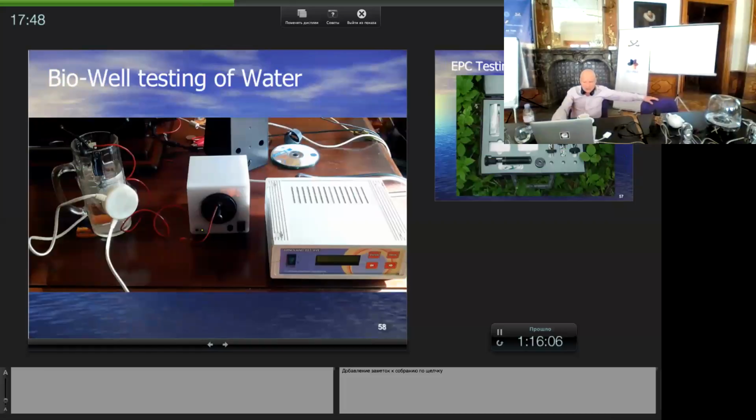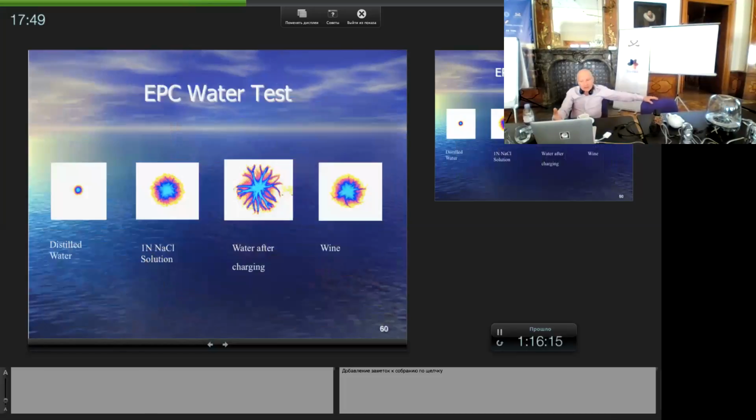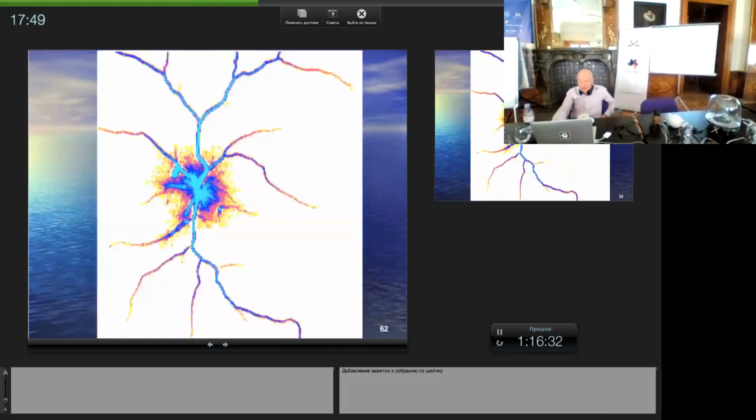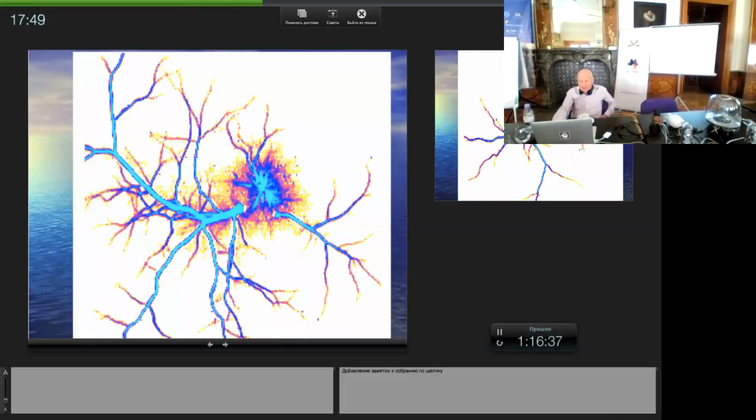We're using a special system to measure water and different other stuff. And you see, we can see the structure of water. So it's absolutely different images of distilled water, active water, and for example, water after charging. And you can charge it with a device, or you can charge it with intention. So it's really a big difference. And some images there are really very interesting.